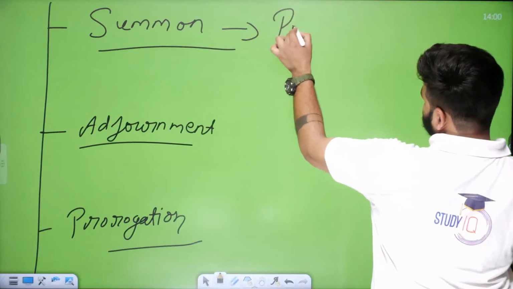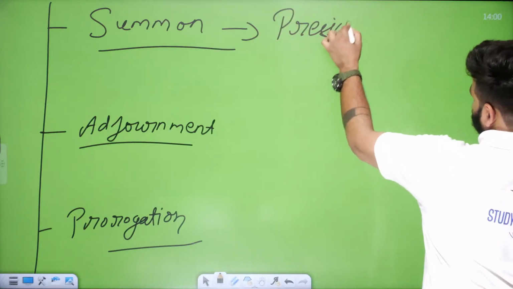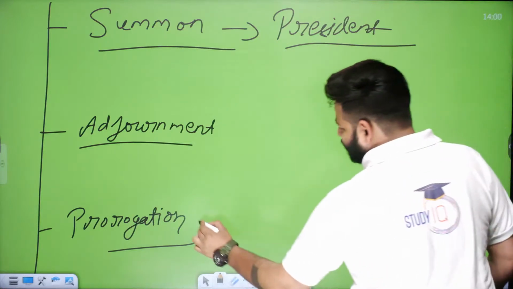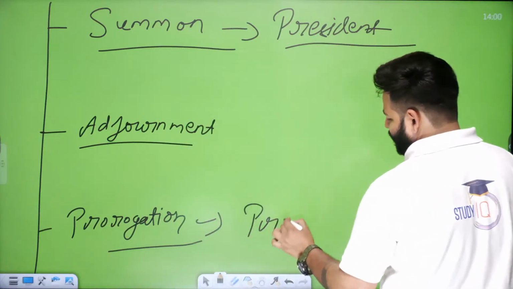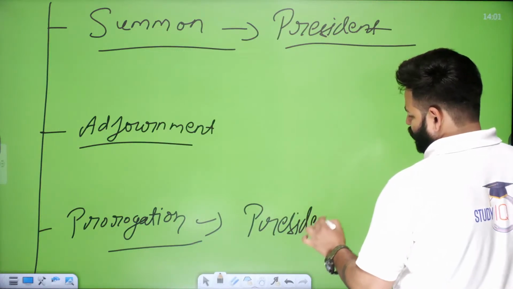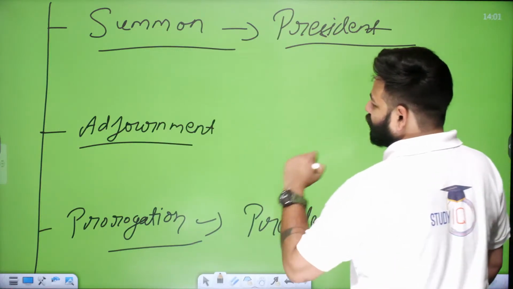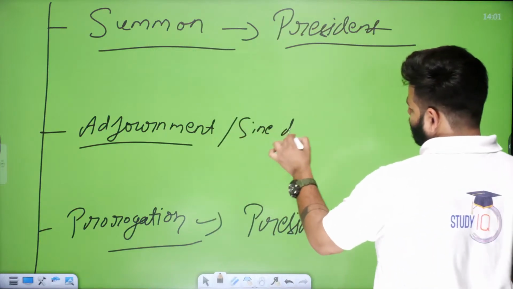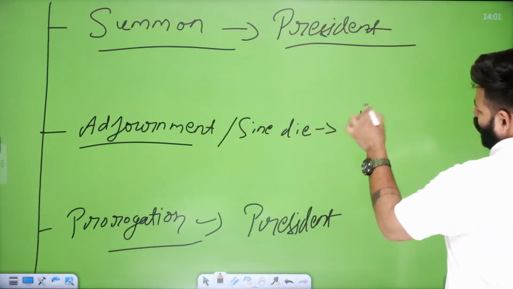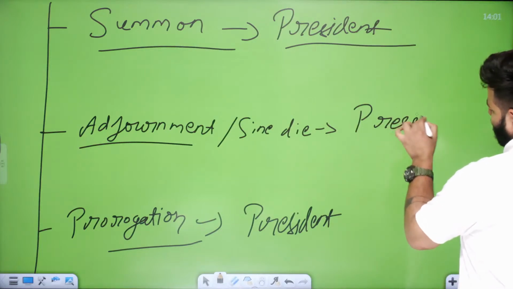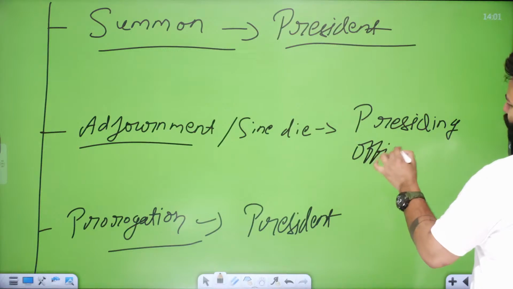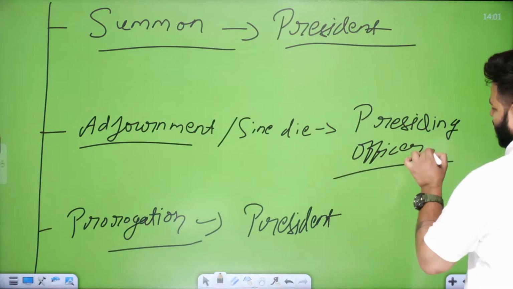It is the president. Who will prorogue? It is again the president. But who will do adjournment or the adjournment sine die? It will be only the presiding officer. Only and only the presiding officer.